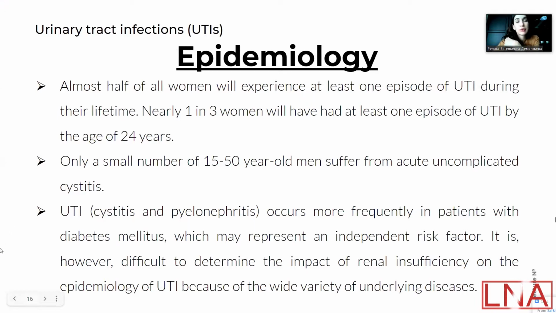All urinary tract infections, including cystitis and pyelonephritis, occur more frequently in patients with diabetes mellitus, which may represent an independent risk factor for inflammation in any region, not only inflammation of the kidney. It is, however, difficult to determine the impact of renal insufficiency on the epidemiology of urinary tract infection because of the wide variety of underlying diseases.